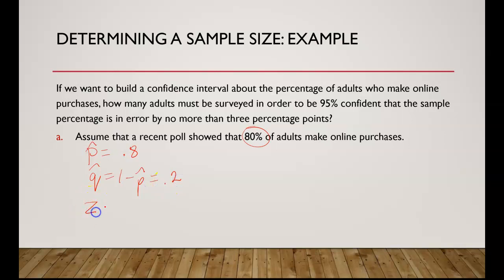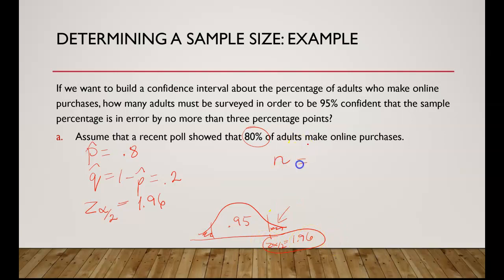Now we need to find z of alpha over 2. We already found that z of alpha over 2 for the confidence level of 95% was 1.96. So we are going to use this value. If you missed it, you can go back to the beginning of this video and watch how we found this critical value z alpha over 2.